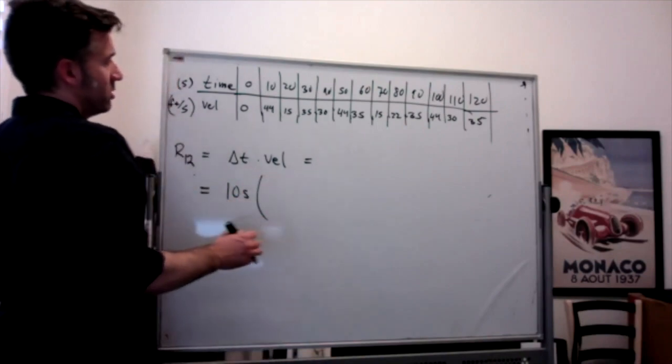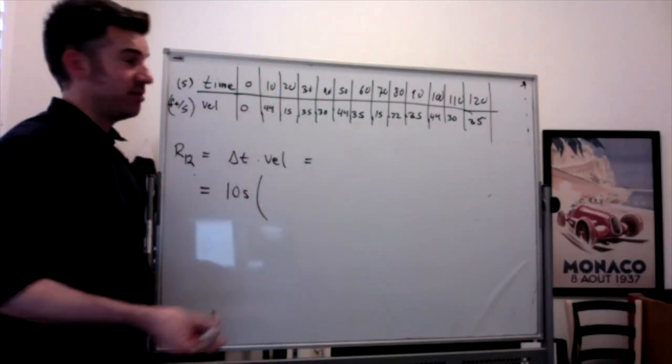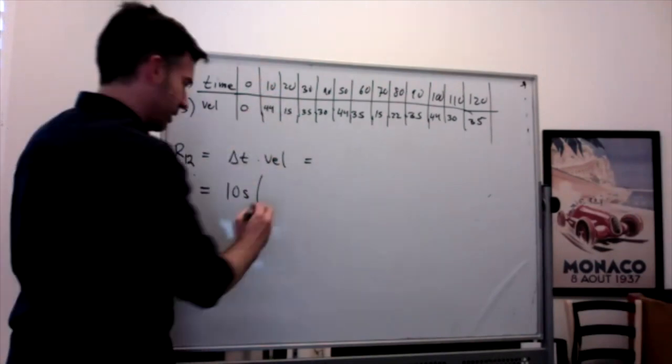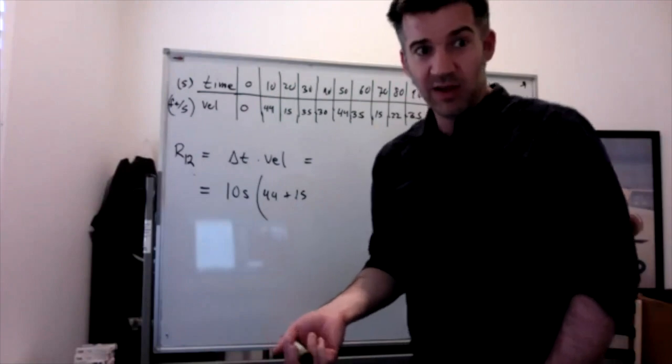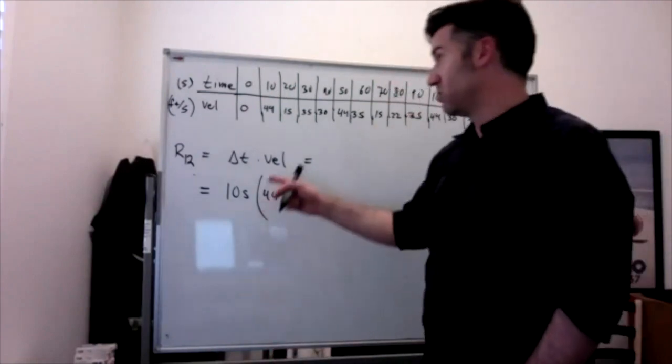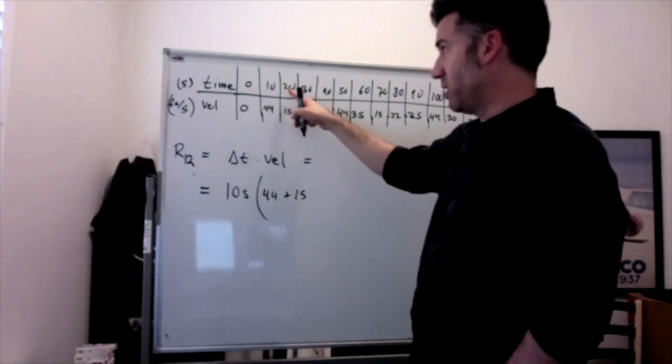In the first subinterval from 0 to 10, I'm going to estimate the velocity to be 44 feet per second. In the second interval from 10 to 20, I'm going to estimate the velocity to be 15. With right endpoints, I'm literally just using the right endpoint: from 0 to 10, I'm using that one; from 10 to 20, I'm using that one.